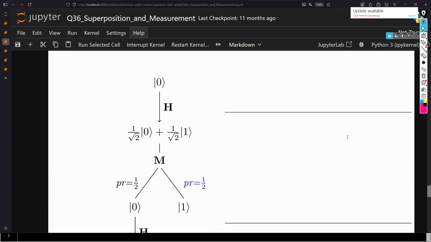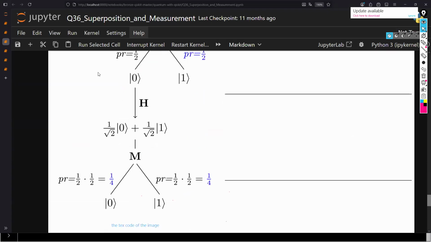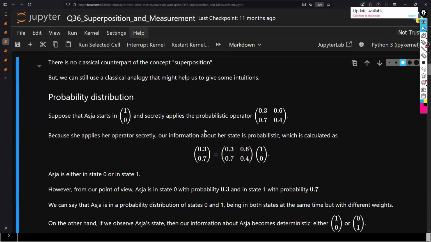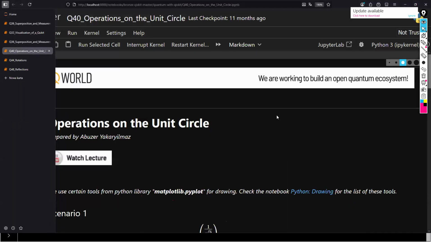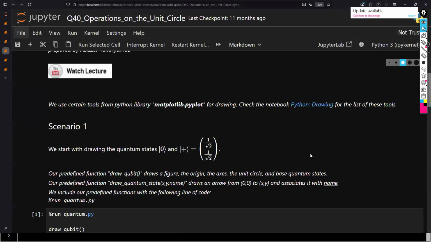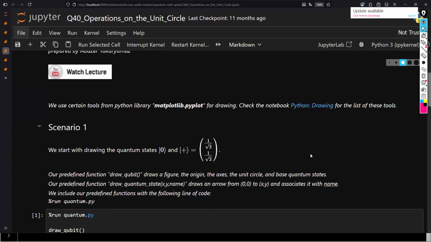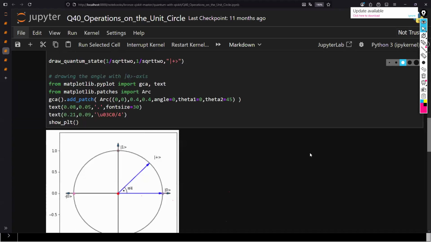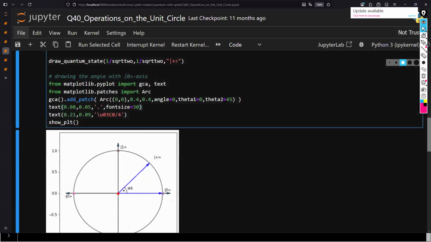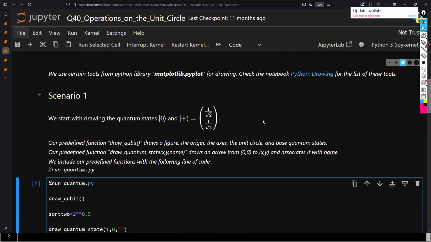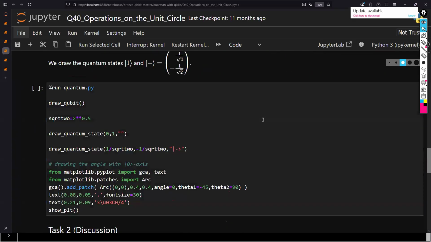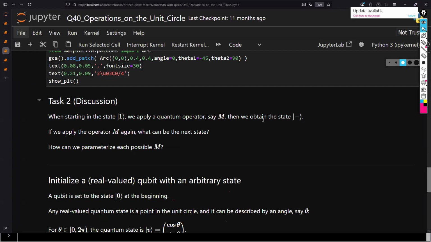So now we can move on to the notebook Q36 and Q40, so operations on unit circle. There is a certain thing that I would like to show you, and this is about construction of the other gates.